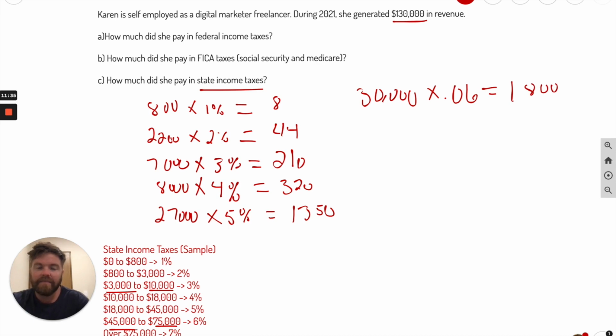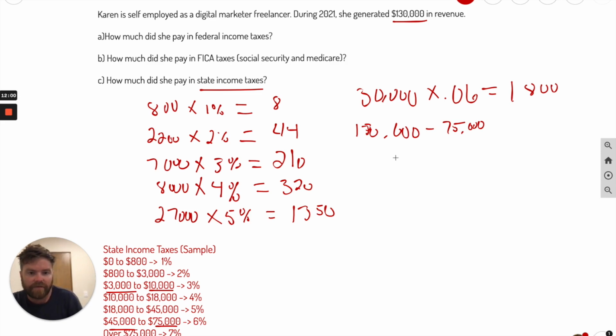And then lastly, the amount over 75,000. Well, she made 130, so we have to go ahead and do 130,000 minus the 75,000. I'll do that under here. 130,000 minus 75,000.